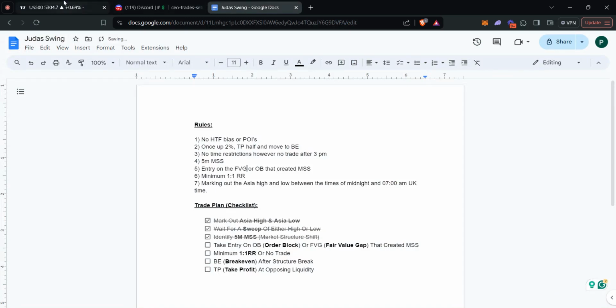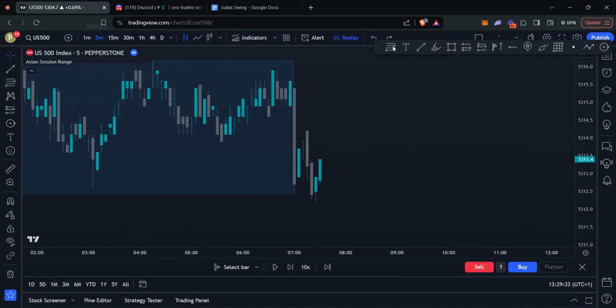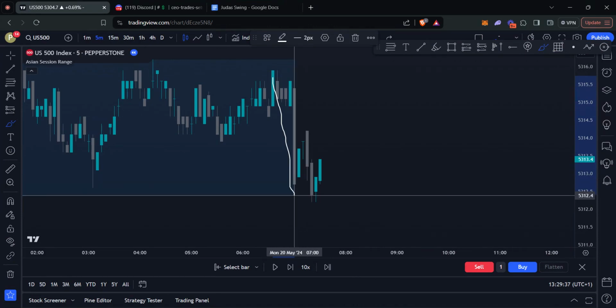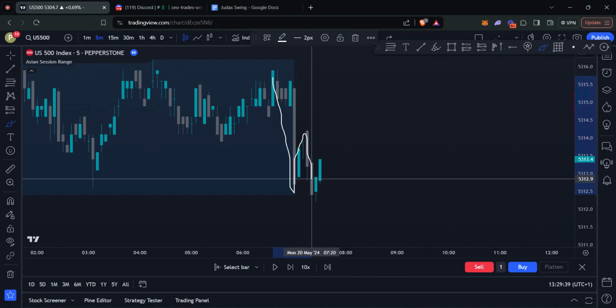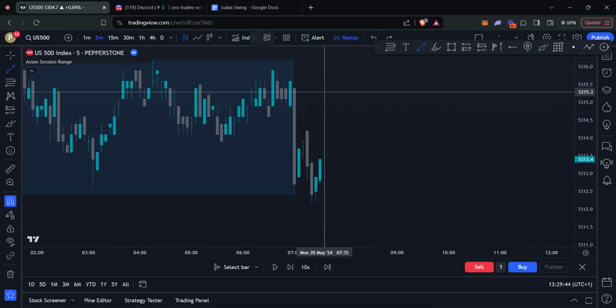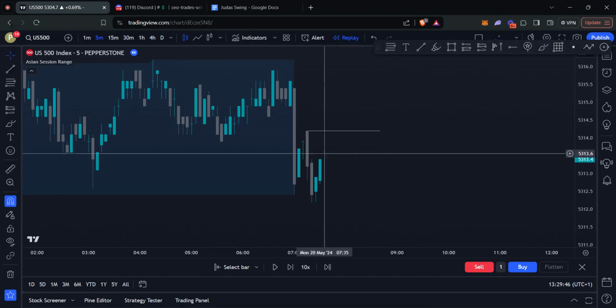Therefore, once we've got that sweep, we can now move on to the next step, which is to identify a 5-minute market structure shift. So if we see what price action is doing, we can see that we've got this lower low, lower high, lower low. Therefore, in order for us to have the market structure shift, we need to break above this lower high right here.